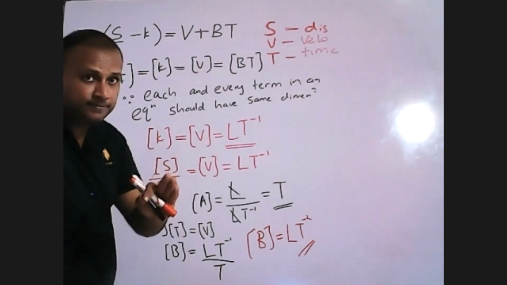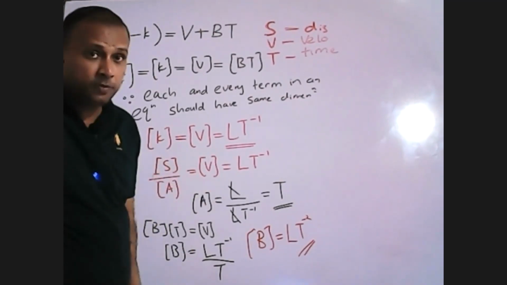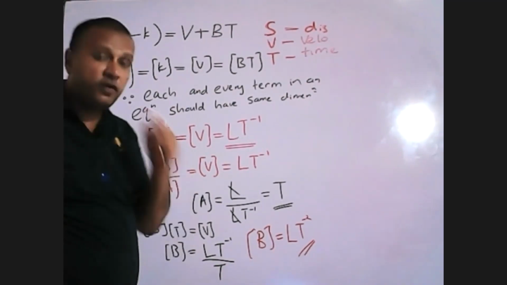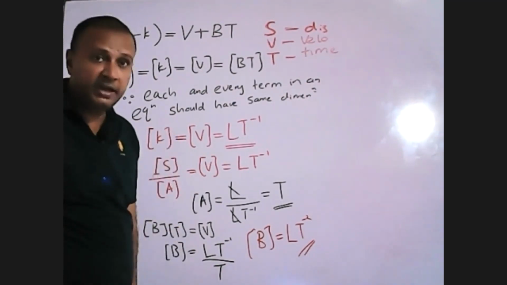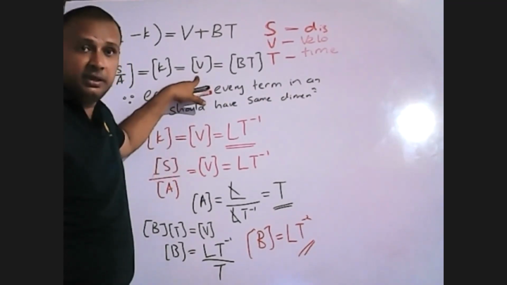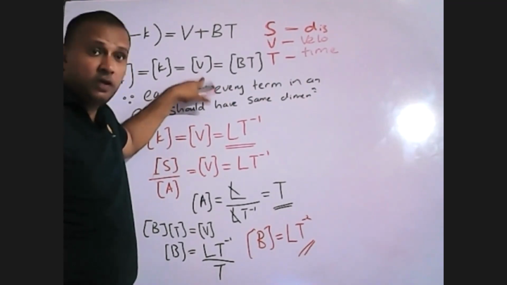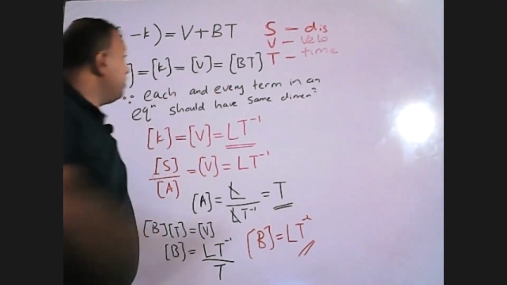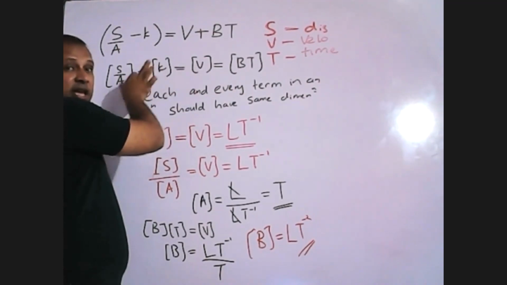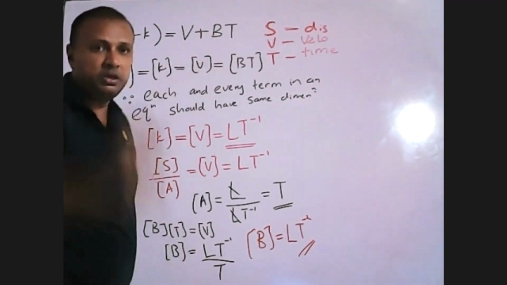That is our logic. Then we have to determine the dimension, no? Then we should find a way. In here, we know this thing because it is given as a velocity. So if it is a velocity, each and every term in this equation should be a velocity.